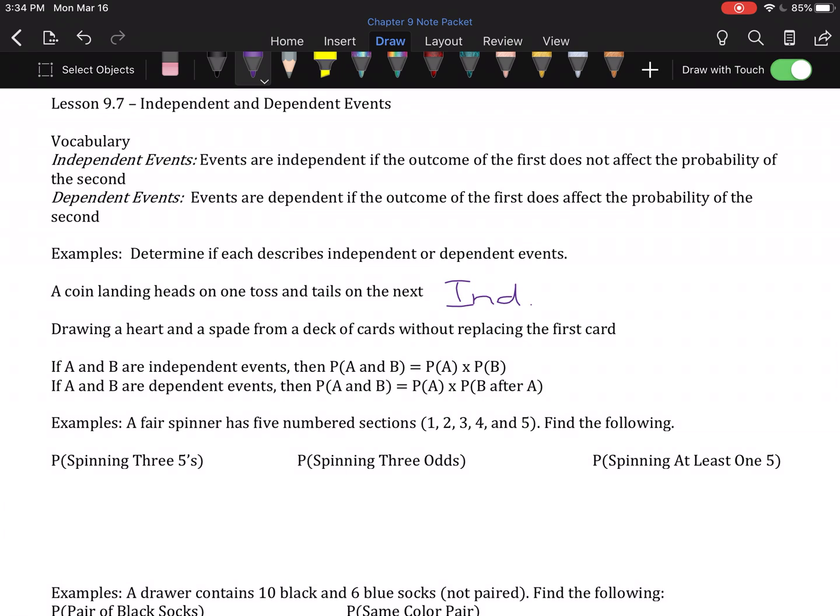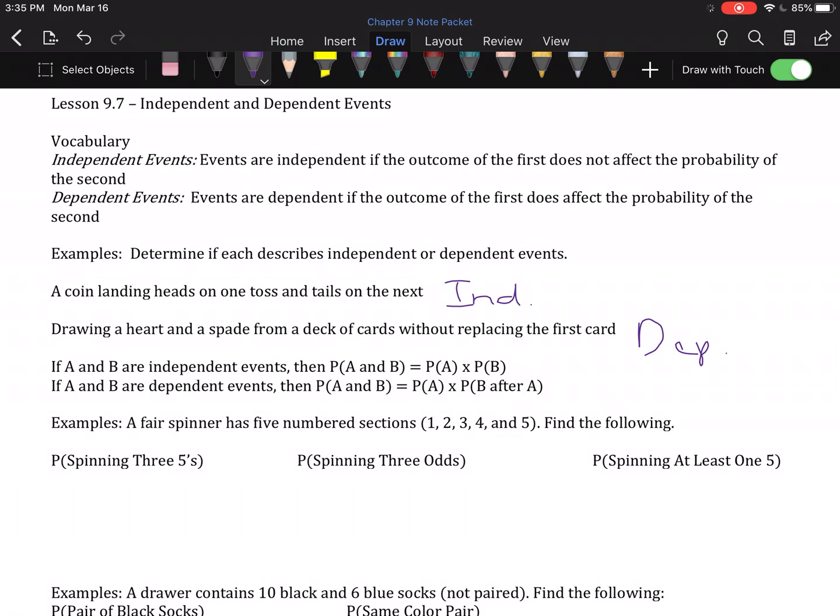Now the assumption is we're not putting that back. It says right there, without replacing the first card. So that means to draw a spade now, there are 13 spades, but there are only 51 cards total. That is not the same as 13 over 52. Drawing the heart affected, it changed the probability of drawing the spade. So this describes dependent events.